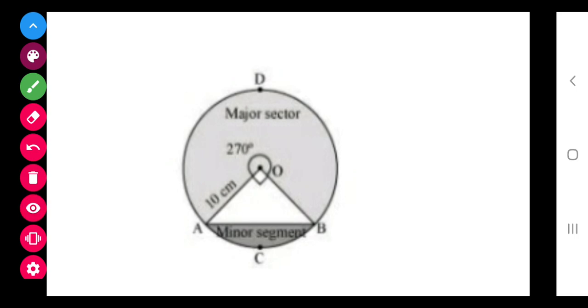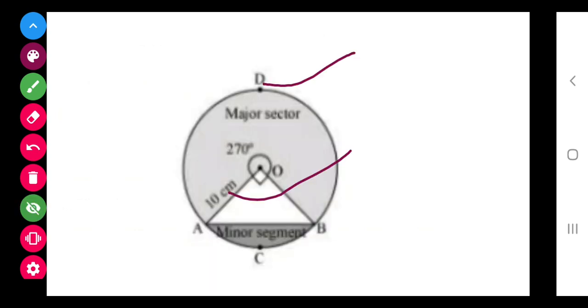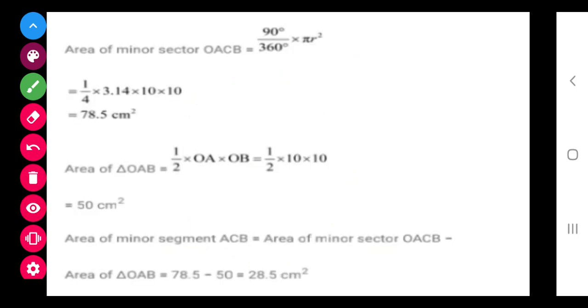Now let's proceed, class. First of all, area of the minor sector, formula theta upon 360 pi r square. Now area of triangle, here they have used half base into height, base and height. So after that, finally area of minor segment is equal to area of minor sector minus area of triangle.